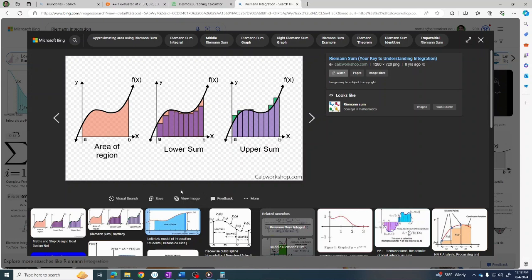The Riemann sum calculates the total area of a bunch of different rectangles that are attached to the graph of f of x at either the upper left corner or the upper right corner, depending on whether you take a left Riemann sum or a right Riemann sum. So the total area of these rectangles is a decent approximation to the area underneath the graph of f of x.